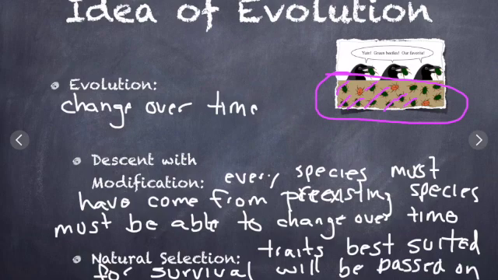If you are very good at surviving, you're going to reproduce and produce more offspring. So descent with modification and natural selection really is the mechanism of evolution. The traits that are best suited for survival will be passed on to the next generation.